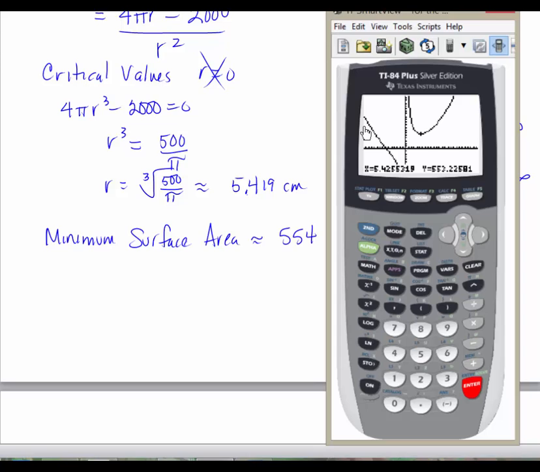So this portion of the graph is not suitable for our problem, right? The physical domain is x greater than 0, not including 0. And we can see that our minimum does in fact occur, and our end behavior is going to infinity as x approaches 0 and as x approaches infinity.